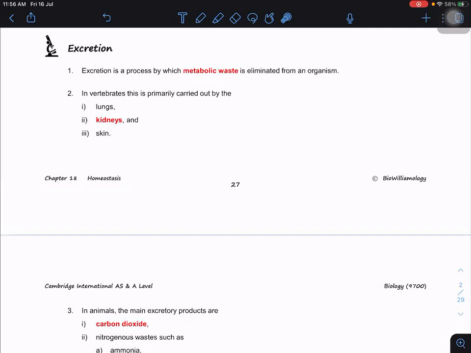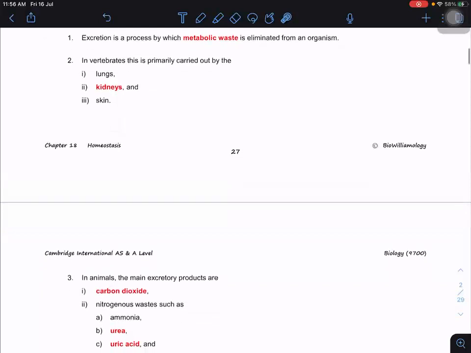Are you clear? It must come from metabolism. This process is primarily carried out in the lung, when you release CO2, the kidney, when you release nitrogenous waste, for example urea, and the skin, particularly the extra water, which we call sweat.